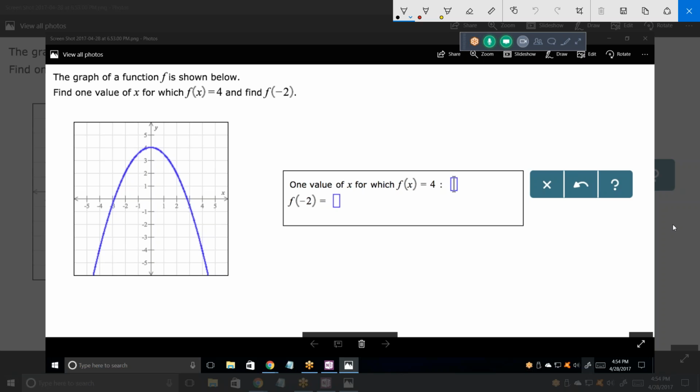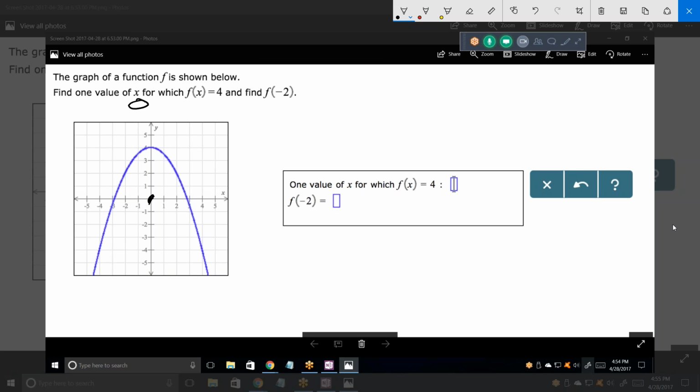F of x is the same as y. So when f of x equals 4, it already does equal 4. At what value of x does y equal 4? 0. Okay, right there. So that's the answer, 0.